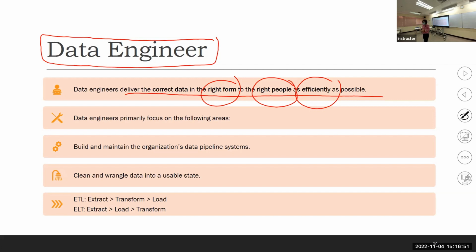engineers, data scientists, or maybe the business intelligence developer or specialist. They want data in a form that they can use to build a dashboard to provide some kind of visualization for the decision makers and management of the organization, and so on.